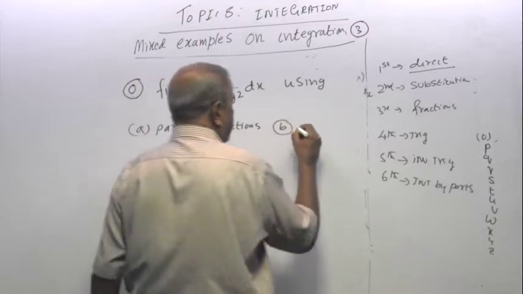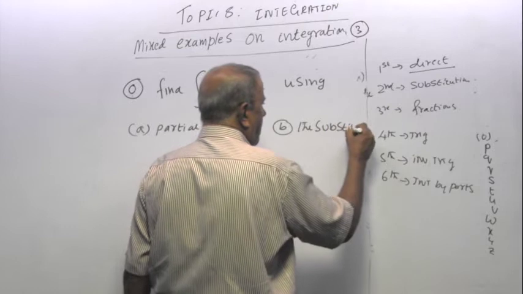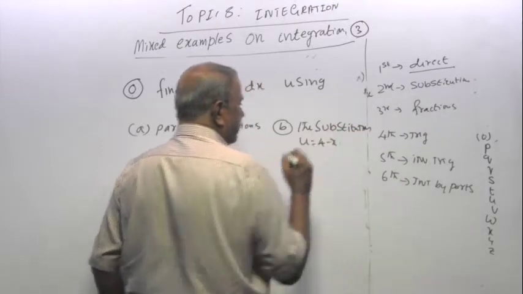Part B, the substitution u equal to 4 minus x.